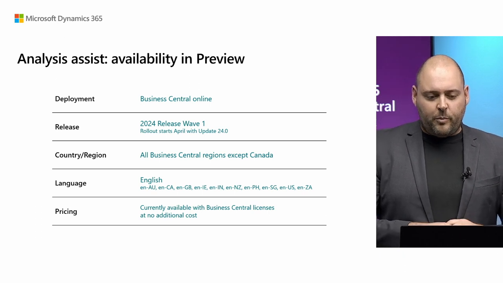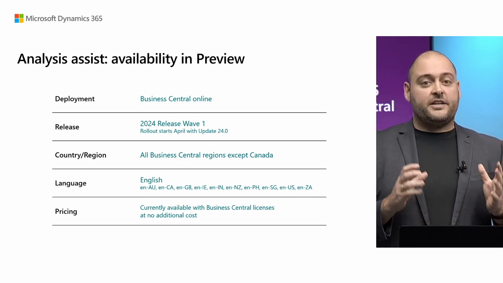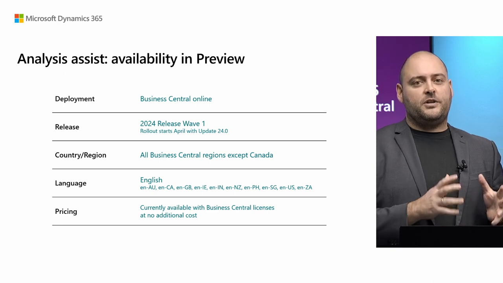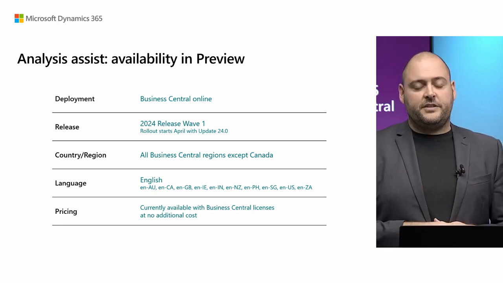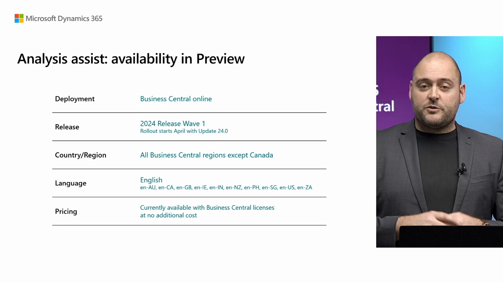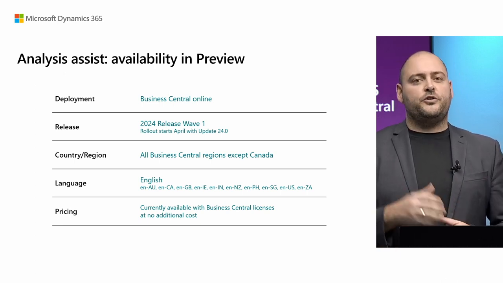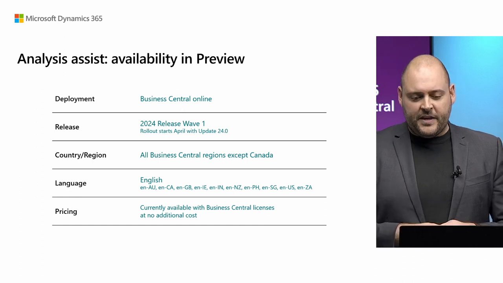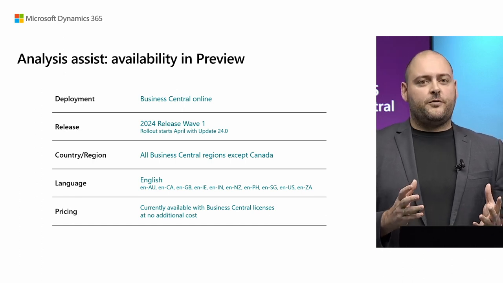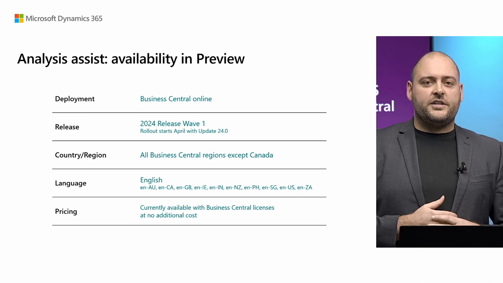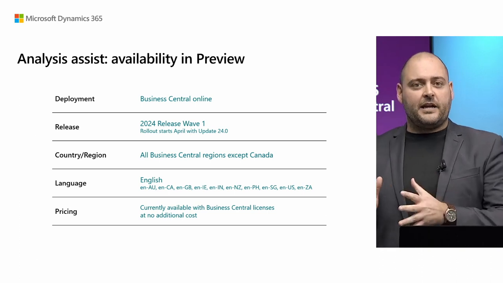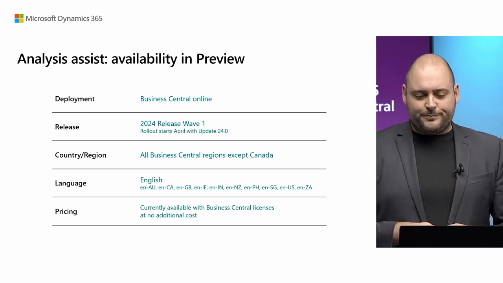So first of all, Copilot in Business Central is available exclusively for Business Central Online. So that's where you'll find this new capability. This has been released with 2024 Release Wave 1, so you'll need to upgrade to version 24.0 or later. It's also being rolled out for all environment localizations, with the exception of Canada for regulatory reasons.